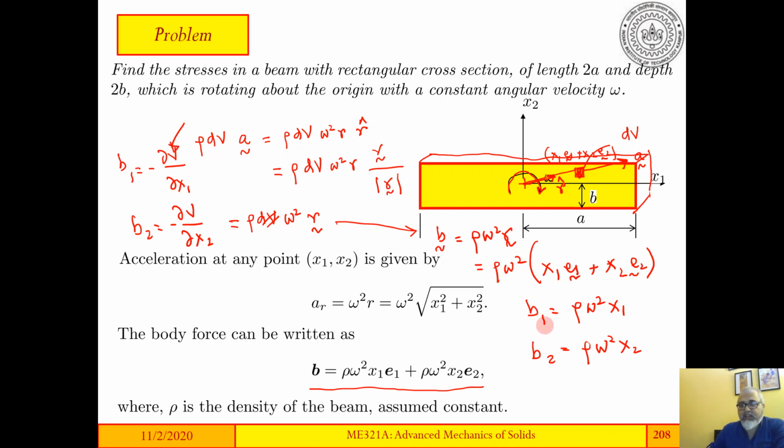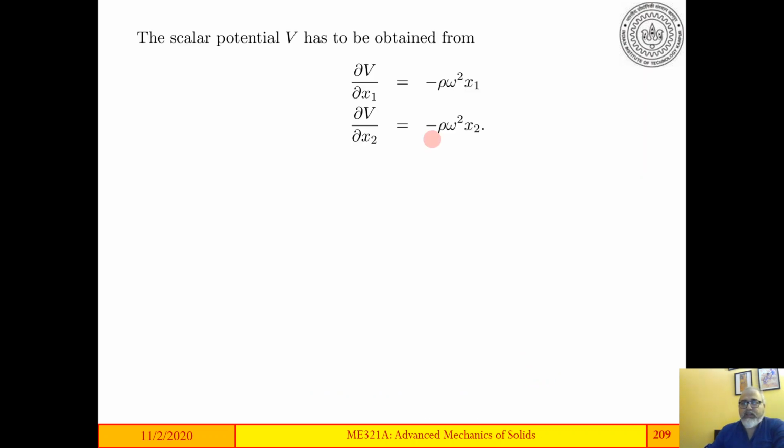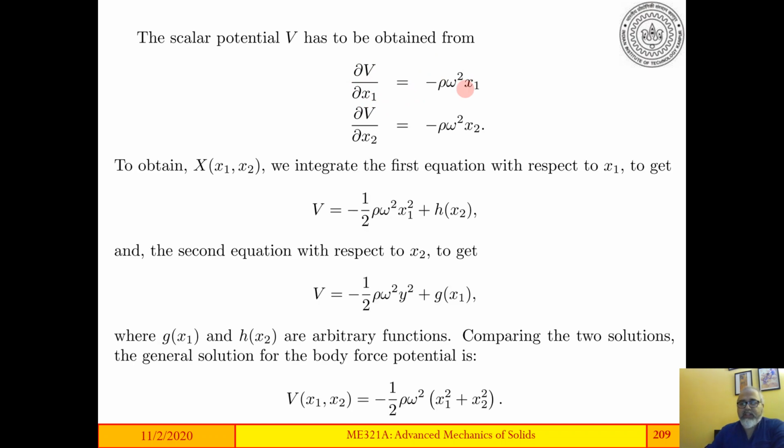So to do that, I have b1 and b2, so I plug it in. So del V del x1 will be minus rho omega square x1. Do the integration. So if you do the integration, then from the first one you get minus rho omega square x1 square by 2 plus a function of x2.